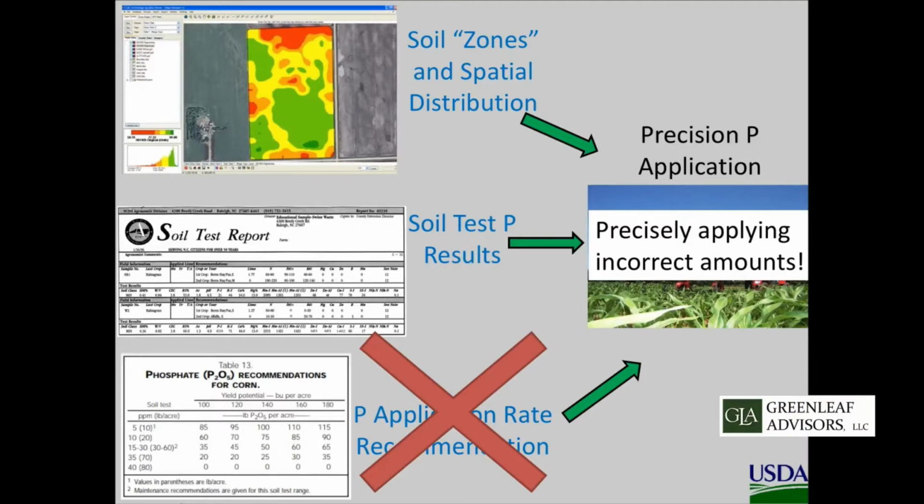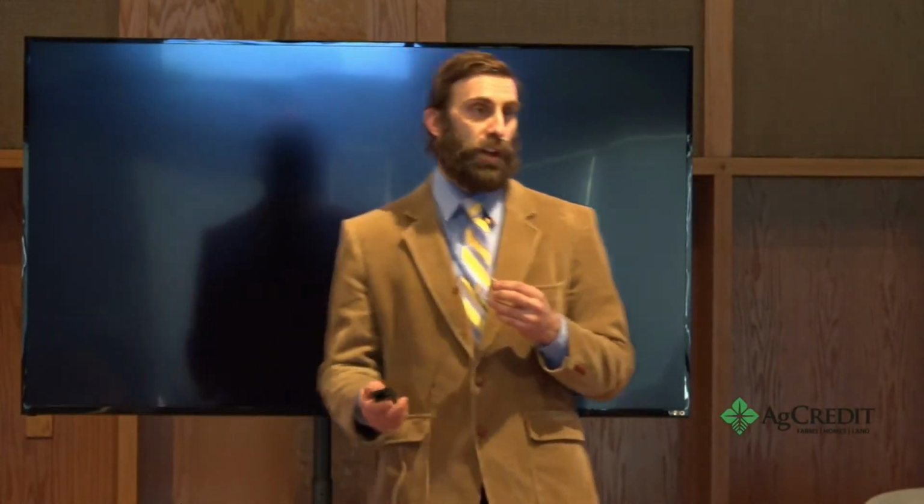Your field is broken up into different sections based on differences in soils and observed behavior, and so you often soil sample those zones separately and get your soil test report on it. Based on the soil test recommendations, you get a phosphorus application rate, which then through precision application, you can apply custom tailored phosphorus applications to each zone. That's state of the art right now.